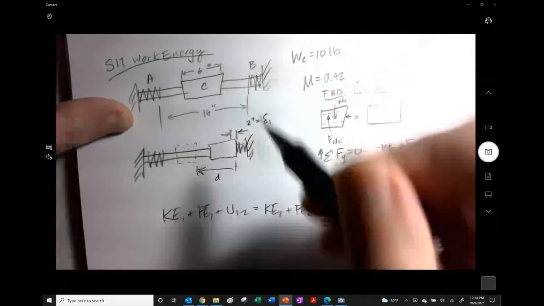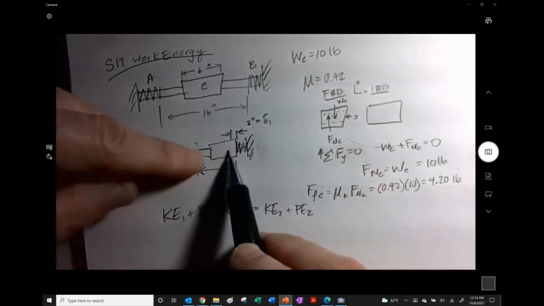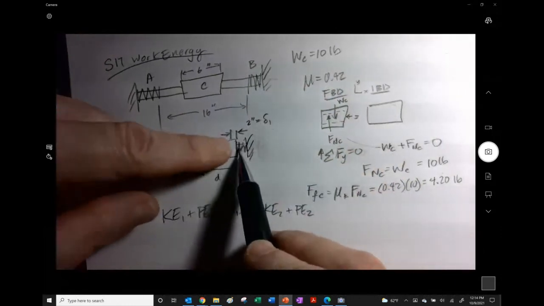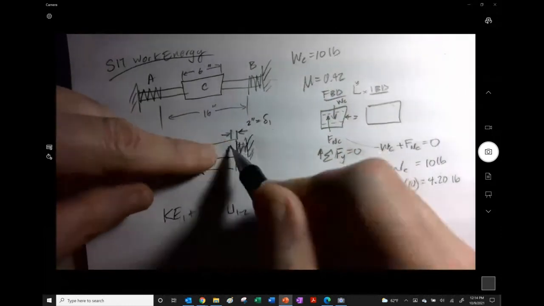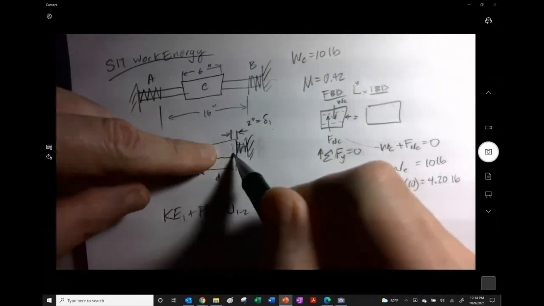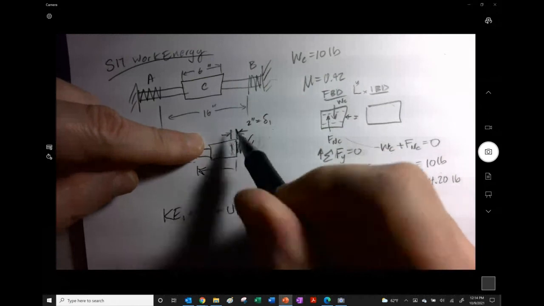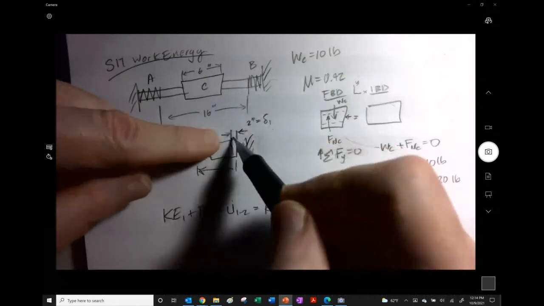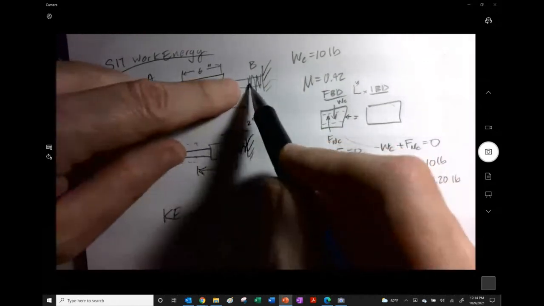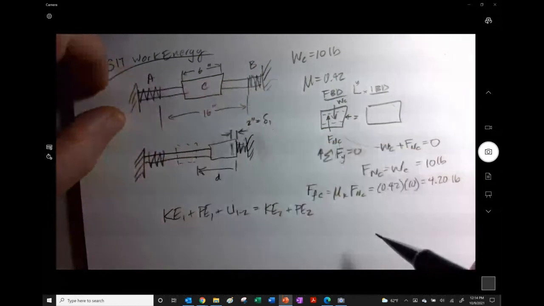Let's see. I think I tried to show it in this diagram, right? That it's touching B and now it has moved over. Here's where B used to be, right there where you see. Here's where that was, and now we've picked this up and compressed it 2 inches.